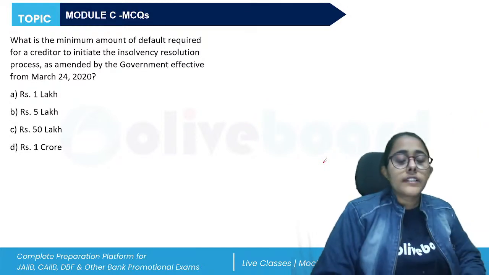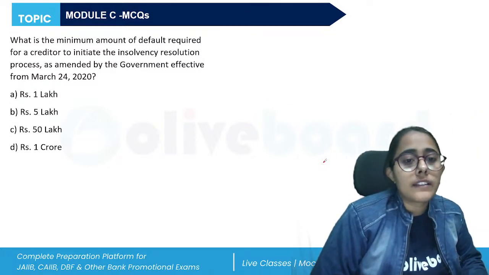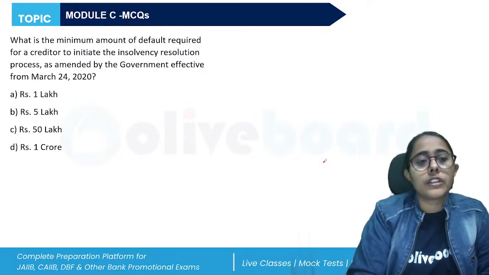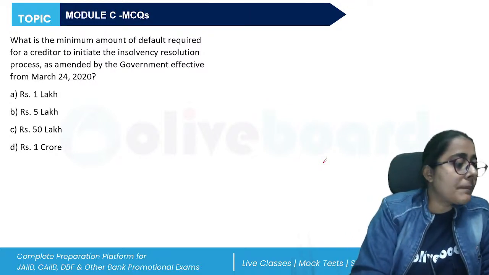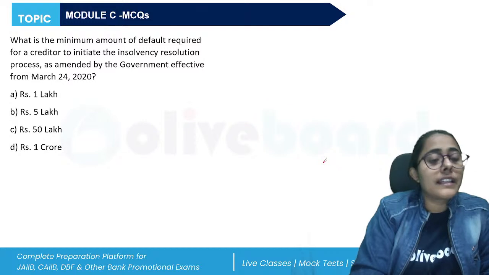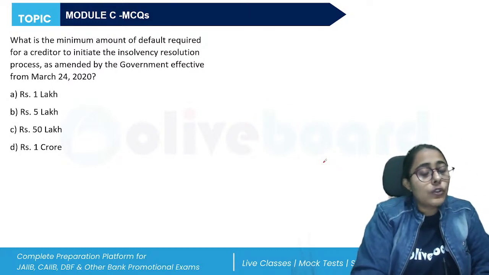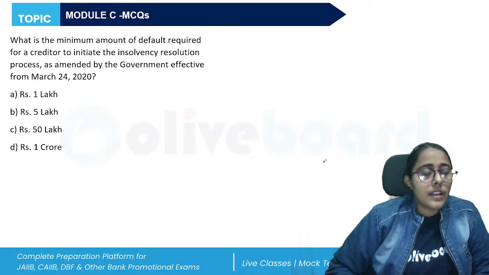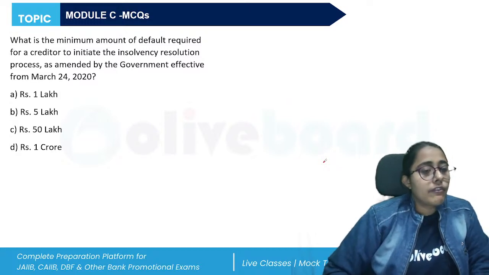Next, what is the minimum amount of default that is required for a creditor to initiate the insolvency resolution process? So what is the minimum default that the creditor has to see, and only then they can initiate the insolvency resolution? Whether it is 1 lakh, 5 lakh, 50 lakh or 1 crore.